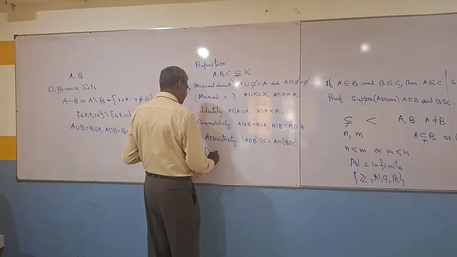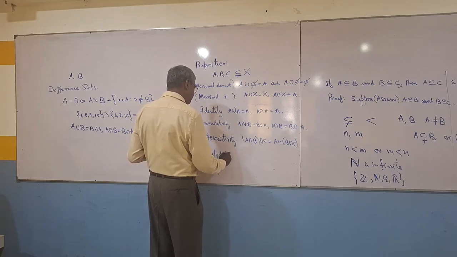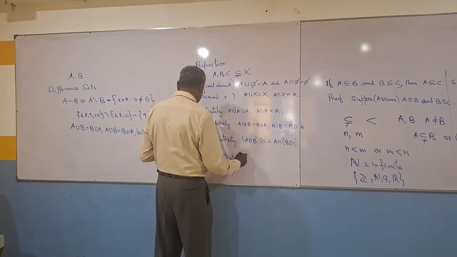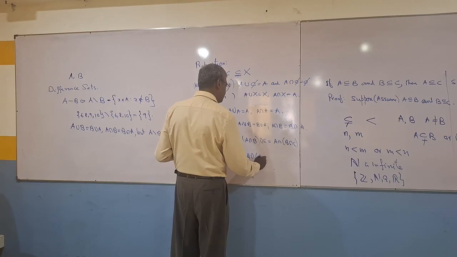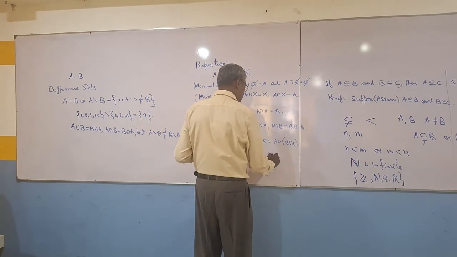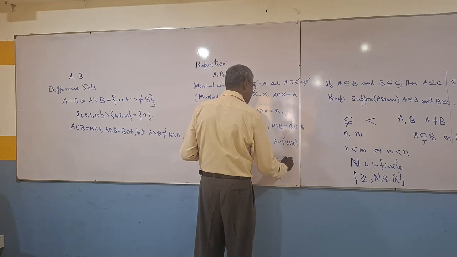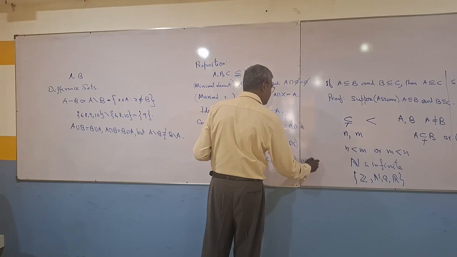Distributivity. We haven't proved this, I guess. A intersection (B union C): we distribute A intersection to both B and C. So it is (A intersection B) union (A intersection C).